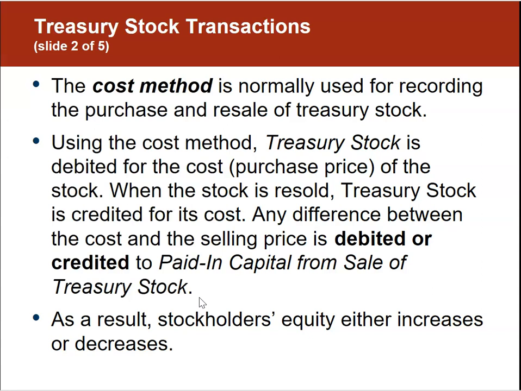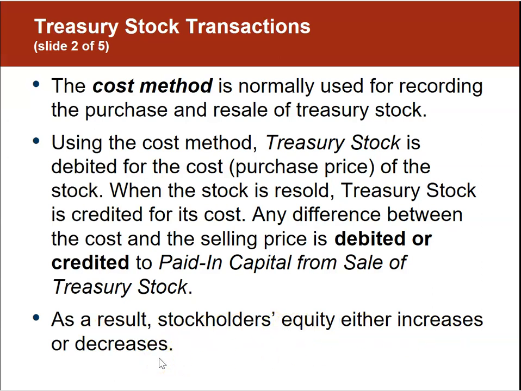Instead, the account that's debited is paid-in capital from the sale of treasury stock. I want you to understand that paid-in capital is a source of equity. So as a result, stockholders' equity either increases or decreases.